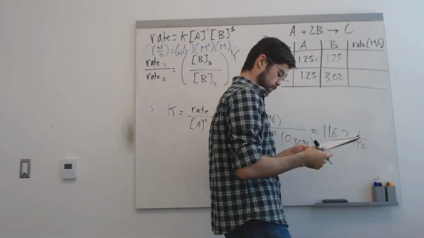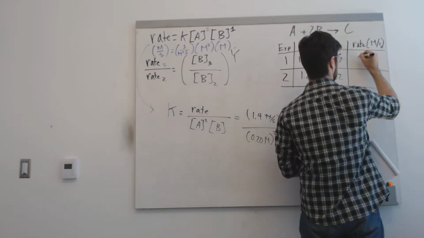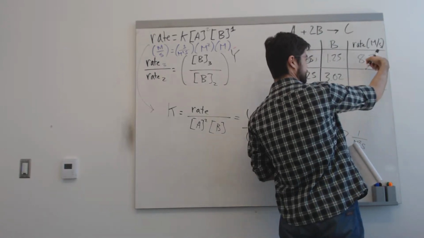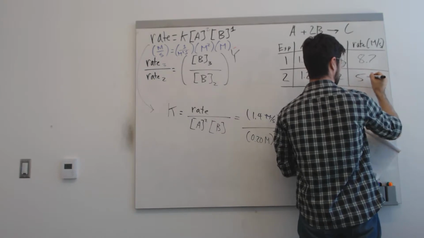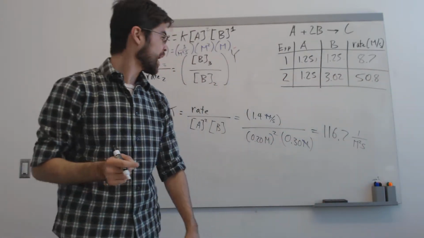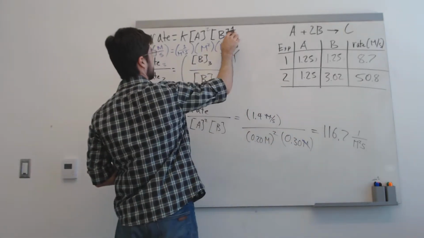So I'm just going to multiply it by some random number. And then the rate for this reaction might be 8.7, and the rate for this reaction might be 50.8.